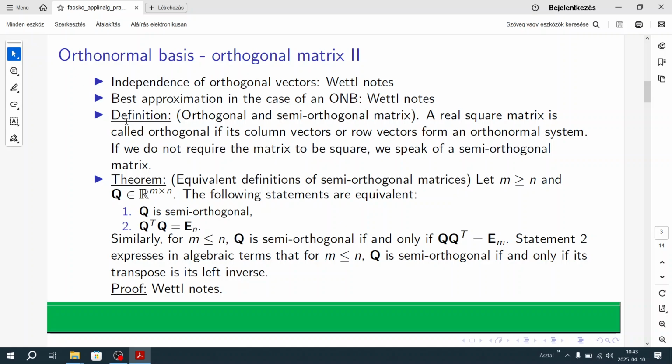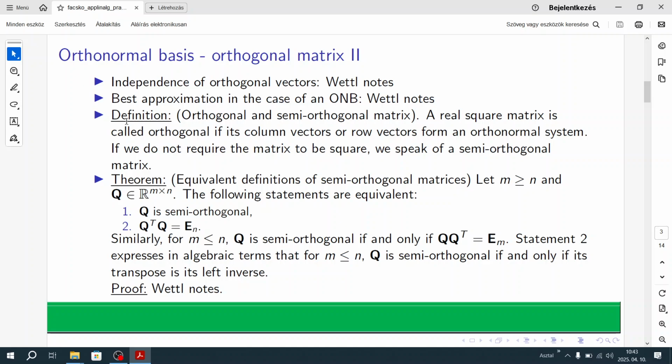Of course, this matrix is orthogonal because here are the original vectors. You can also choose rows, not only columns. And then you have an orthogonal or semi-orthogonal matrix.